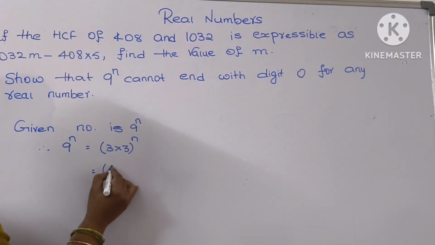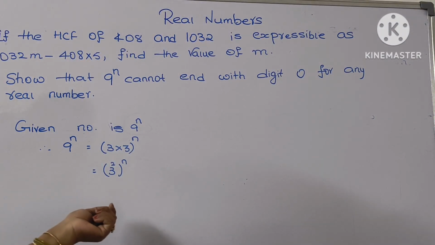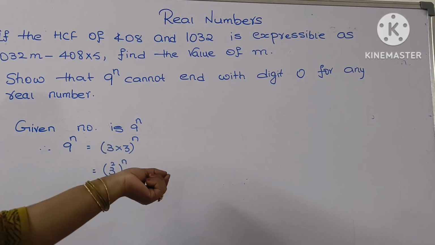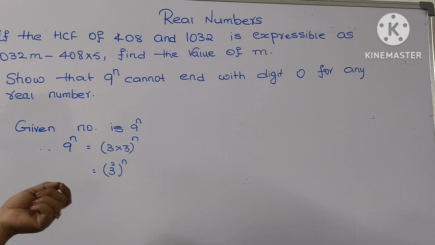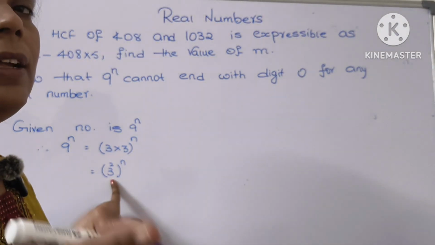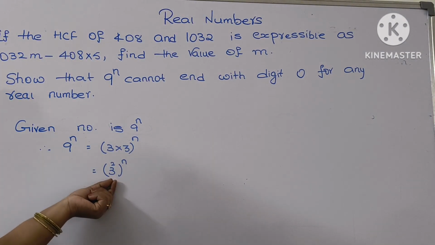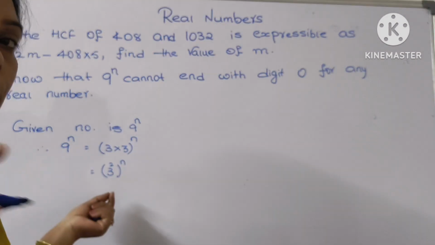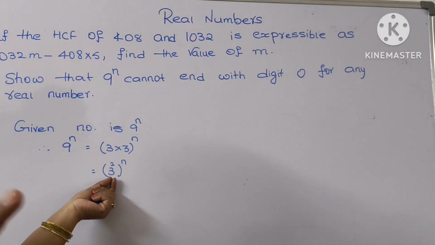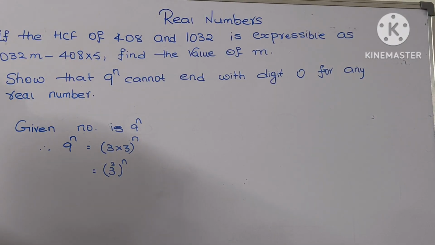So the only prime factor of 9 is 3. Now, when can a number end with 0? A number can end with 0 if its prime factorization has at least a single 2 and a 5. But unfortunately, 9 doesn't have a 2 or 5. It should have both. It's not a case of or, it has to be a case of and. 9 doesn't have a 2 and 5 in its prime factorization.